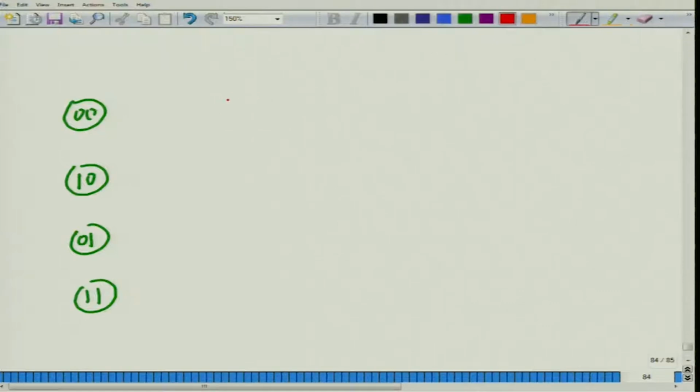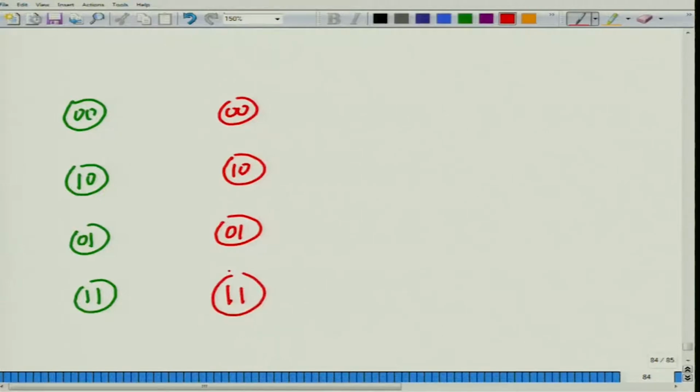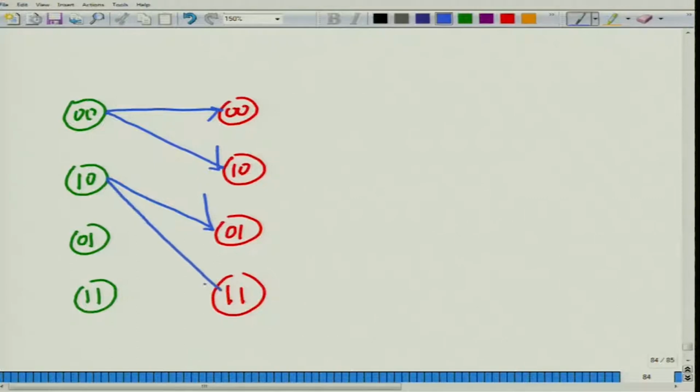So at the next time instant we have again 0 0, 1 0, 0 1, 1 1, and now we show the transitions. Remember, each state splits into two arrows. So there is a top arrow, there is a bottom arrow, and this structure is repeated.